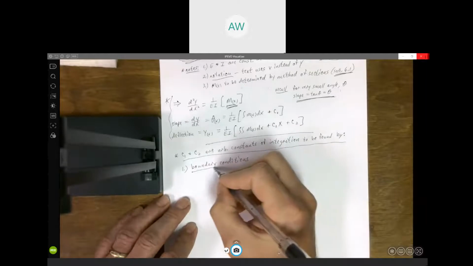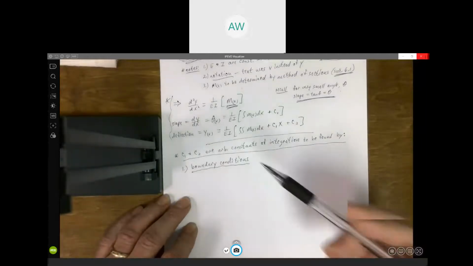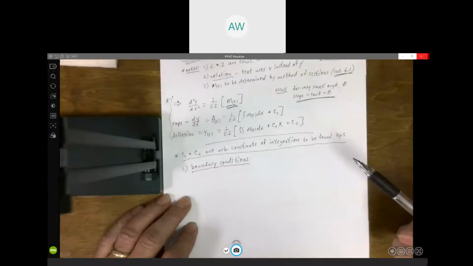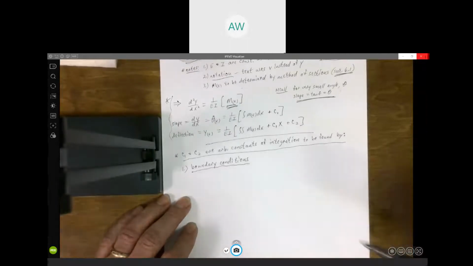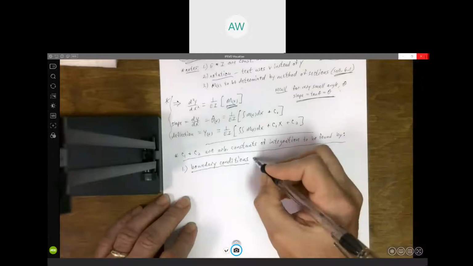And now here's where the big difference is between mechanics of materials class and DE class. In DE class, you'd probably just be given what some boundary conditions are. Here we've got to use what we know about beams and how they're supported to determine what those boundary conditions are. And basically, we're going to see two things.